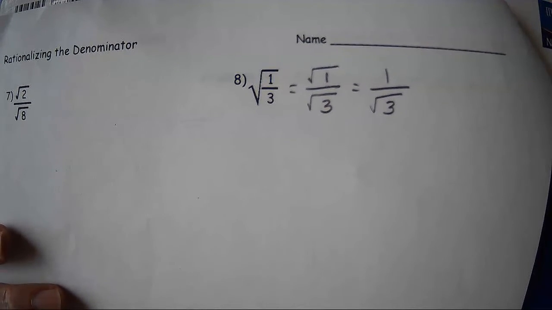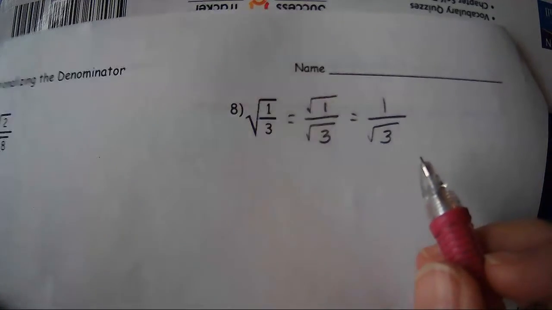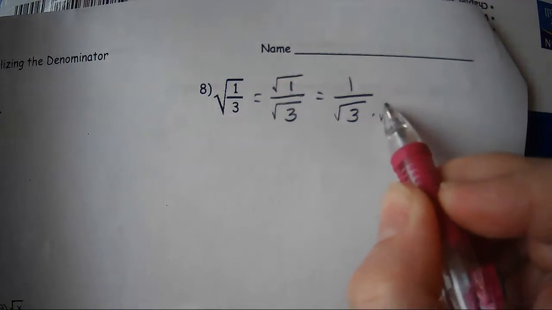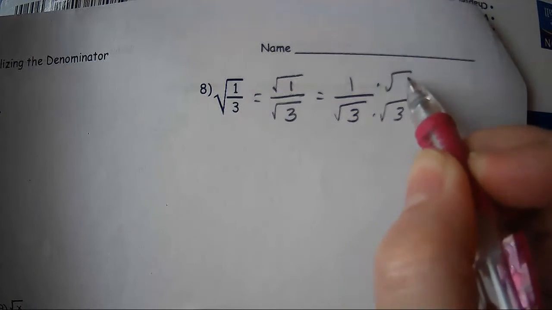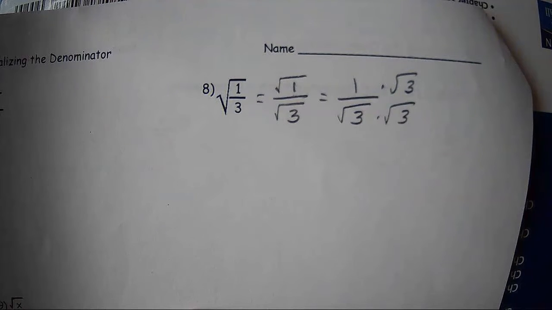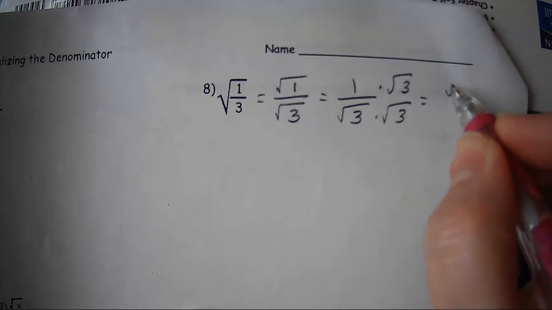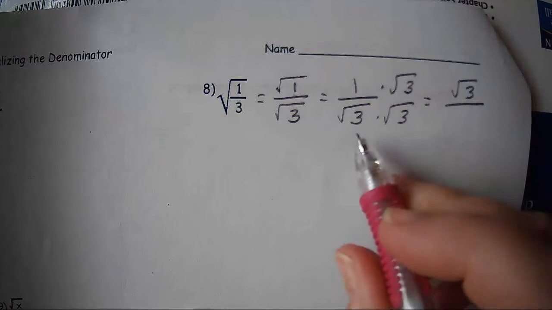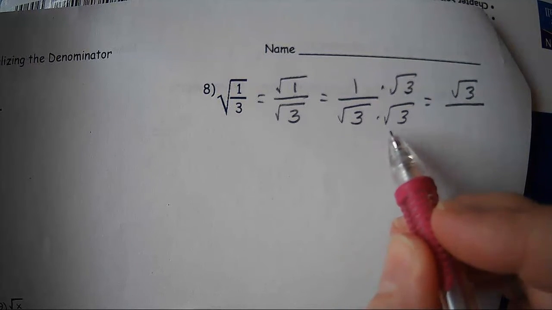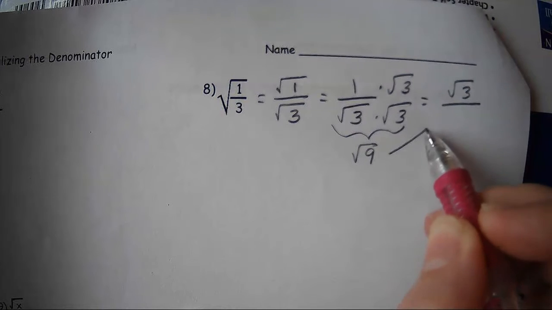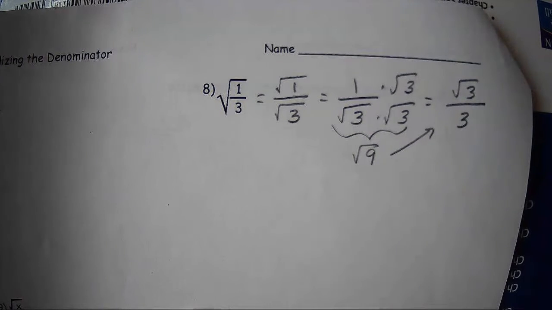Hopefully you guys said now you need to rationalize the denominator. So I take the square root of 3 and multiply it by both the numerator and the denominator. Now in the numerator I have the square root of 3 over, well, the square root of 3 times the square root of 3 is the square root of 9, and the square root of 9 is 3.